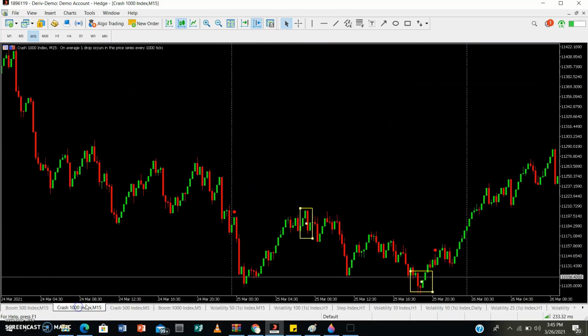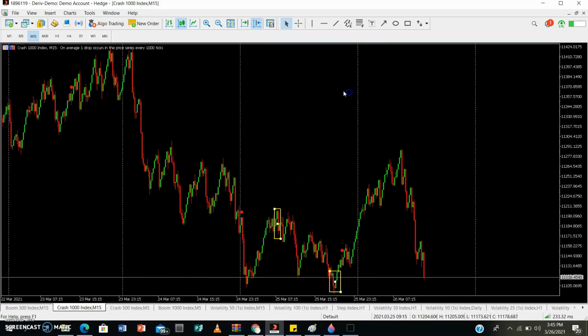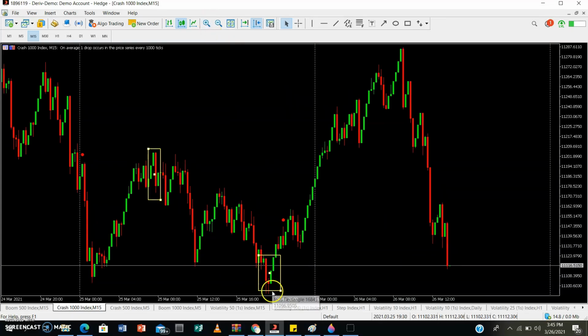Maybe let's look at Crash 1000 and see. Okay, on Crash 1000 we had a nice morning star right here, because we had a big bearish candlestick, then a small candlestick with a small body, and then a bullish one.